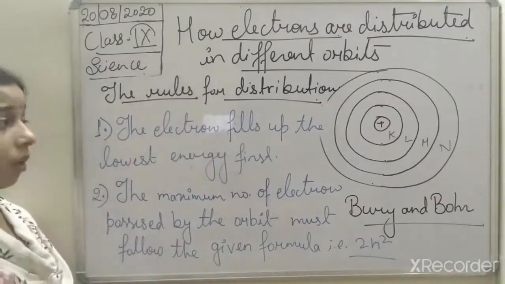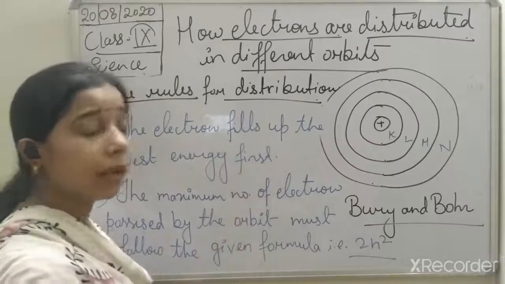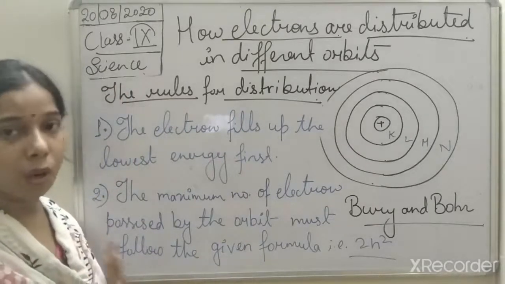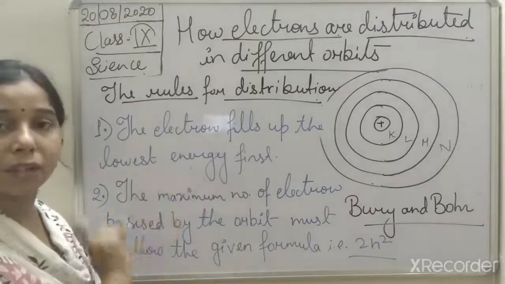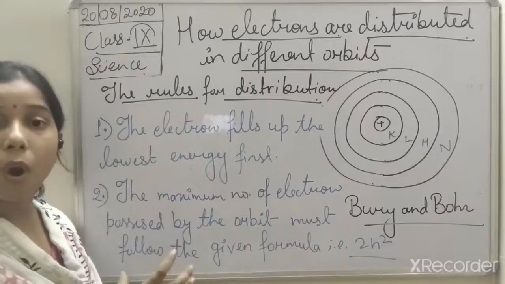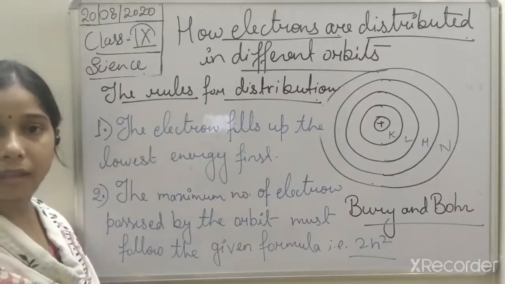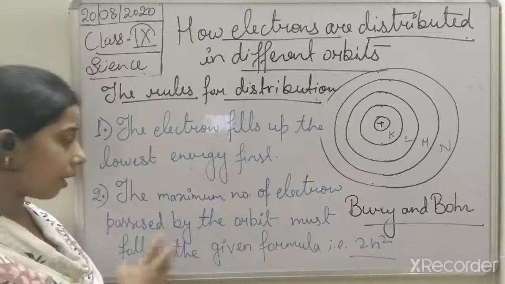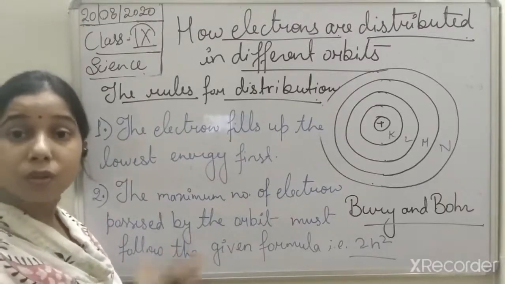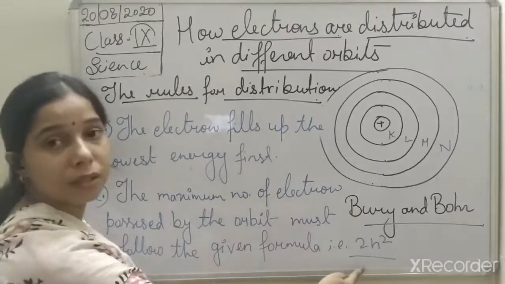In the first rule, the electron must enter the energy shell having the minimum energy, the K shell. Now, how many electrons can the K shell accommodate, students? That will follow the formula 2n square.